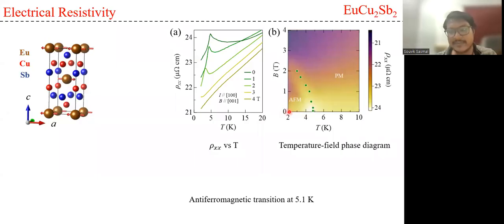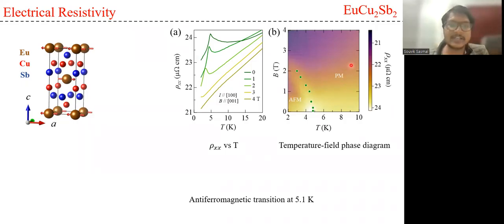At zero magnetic field we have the transition at 5K, and as we increase the field value, the transition temperature goes down. This is how we identify the antiferromagnetic region and the paramagnetic region.